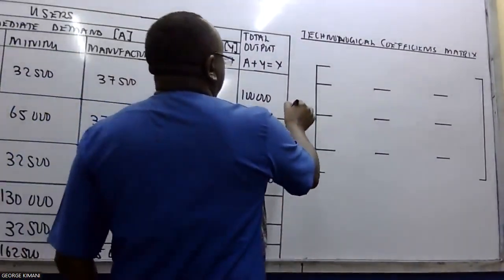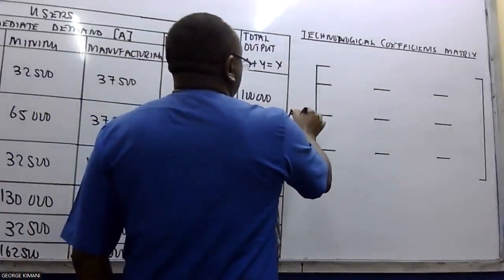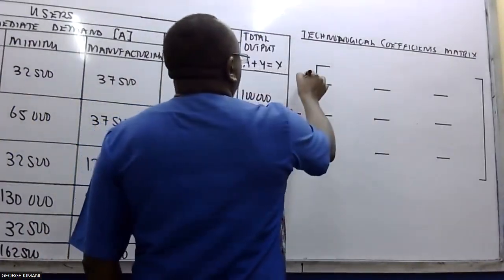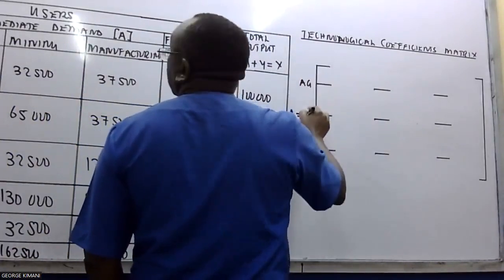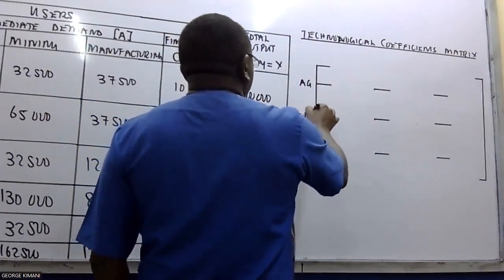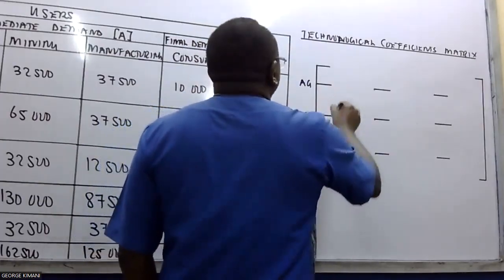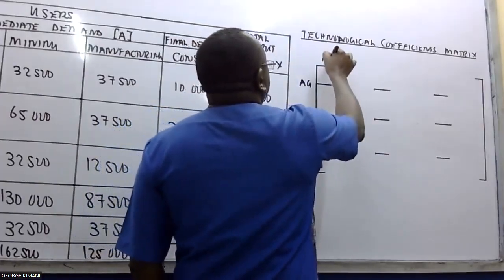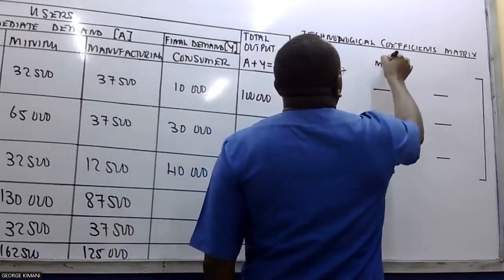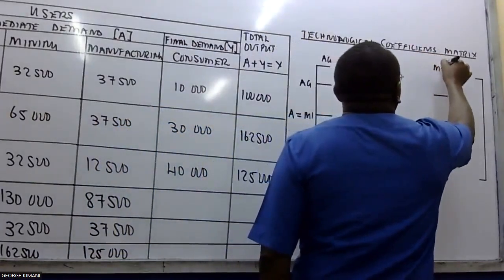It's called matrix A. So this matrix A, we have agriculture here, we have mining here, and we have manufacturing. Then here I have agriculture, I have mining, and I have manufacturing.